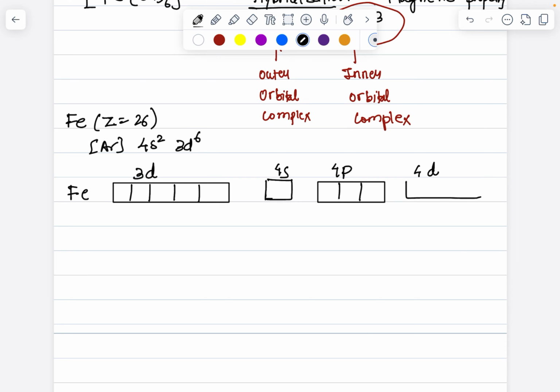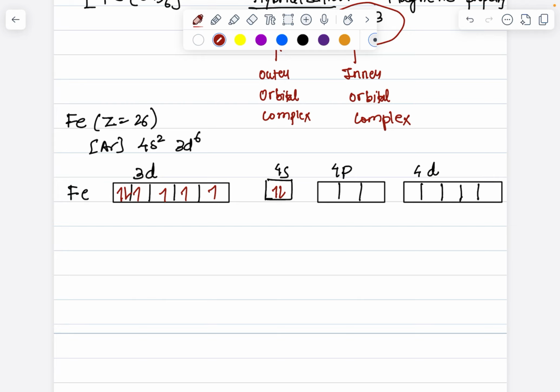I don't think so, since it is an inner orbital complex you will not require the outer one. Okay, simply don't waste time. So over here there are two electrons in 4s, and 6 electrons in 3d.